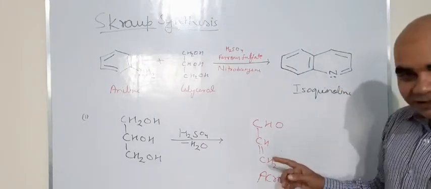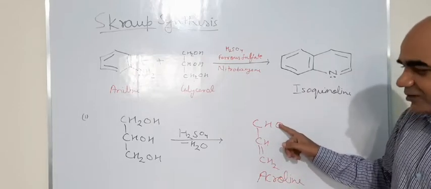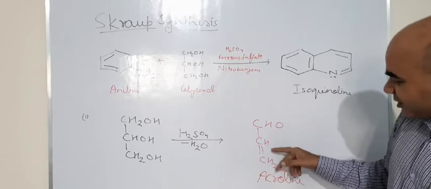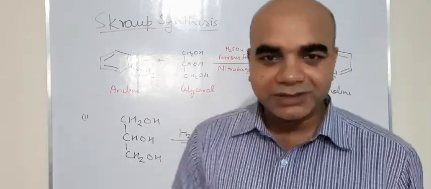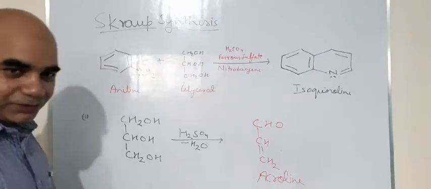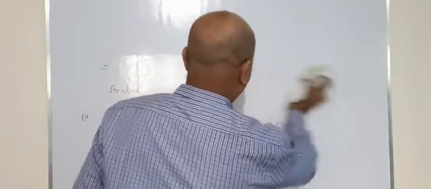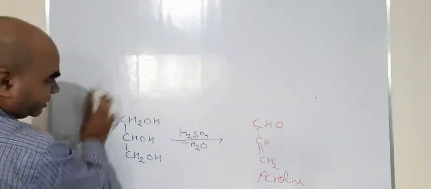Now you can see that we have a conjugated system, the double bond alkene and the carbonyl. This conjugated system will undergo a 1,4 conjugate addition, and we will see how.